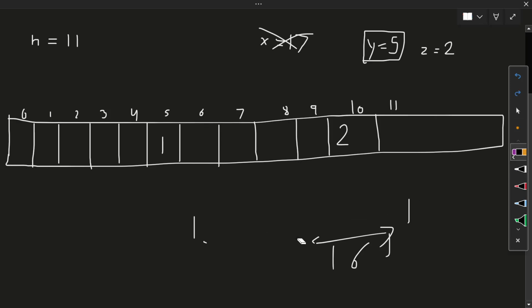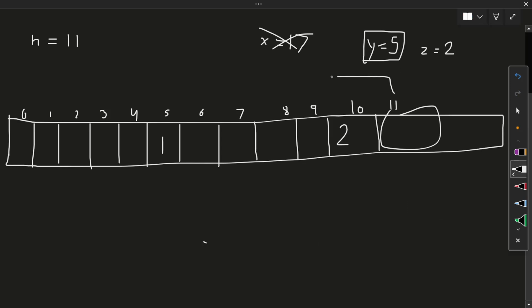So you have to check: if I make a cut here with y, it will leave us with a remaining line segment. You have to check whether the remaining or left out segment is possible or not. In this case it is not possible, so we cannot make a cut here.